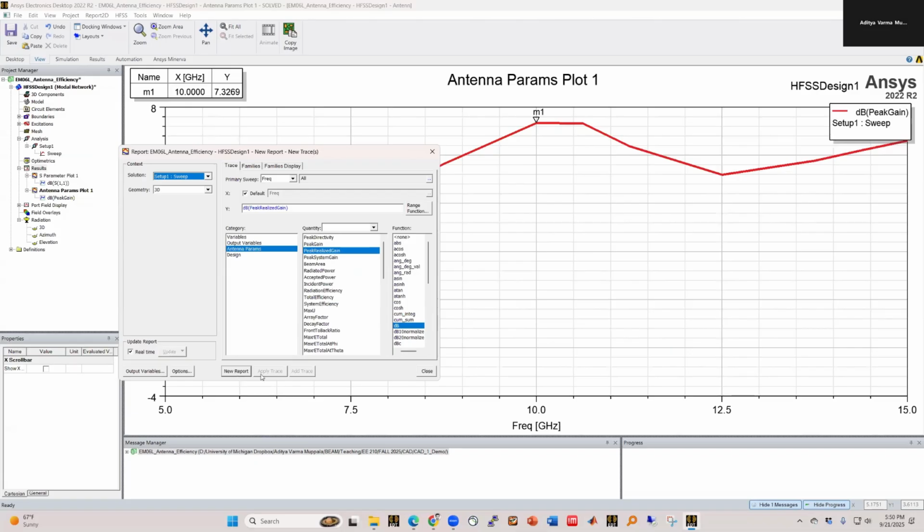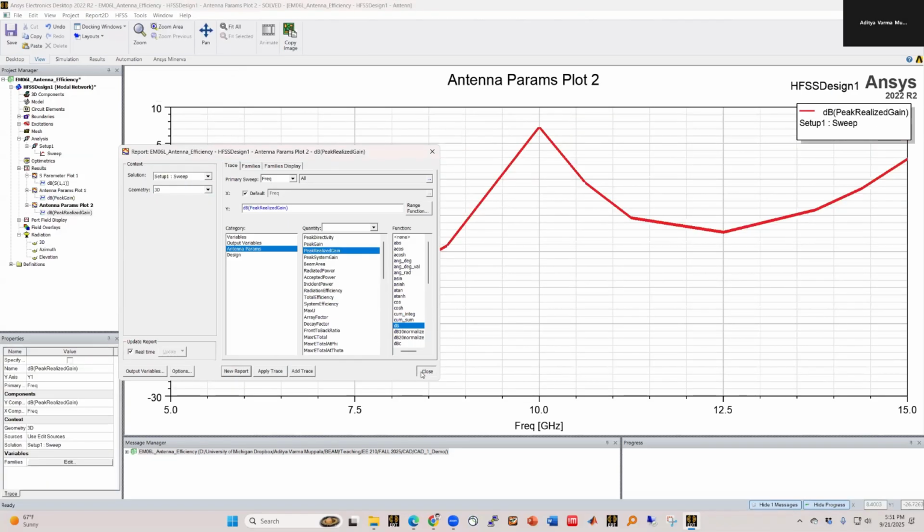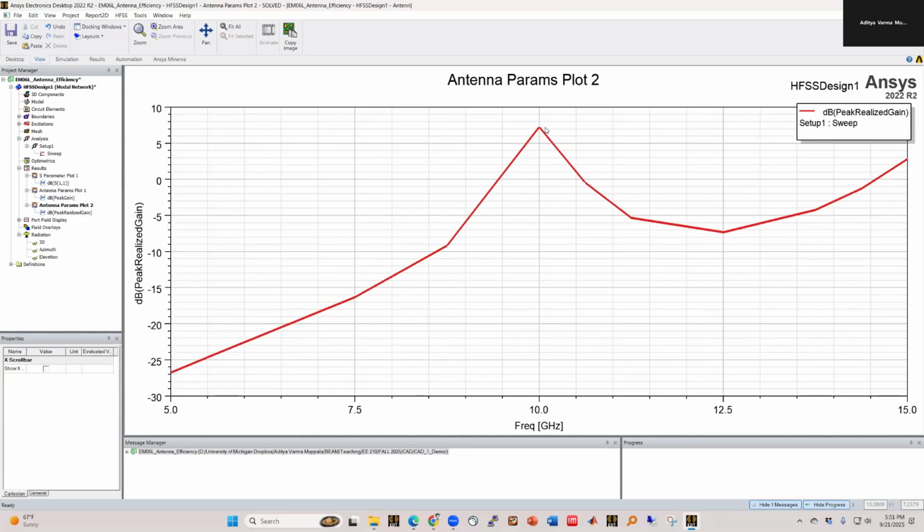So let's plot this. Sweep over frequency, you can make a new report. Right? And you see that actually the gain is not that broad in frequency, right? And this would actually be even sharper if I solved at all frequencies. So let me actually quickly do that and show you what that looks like.